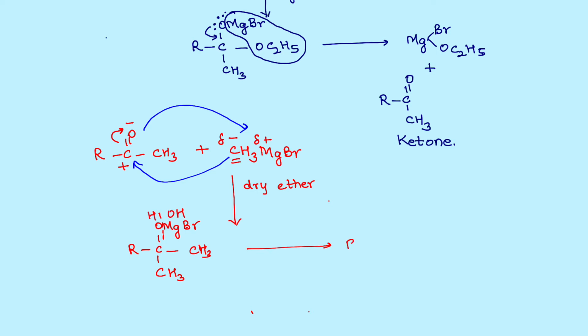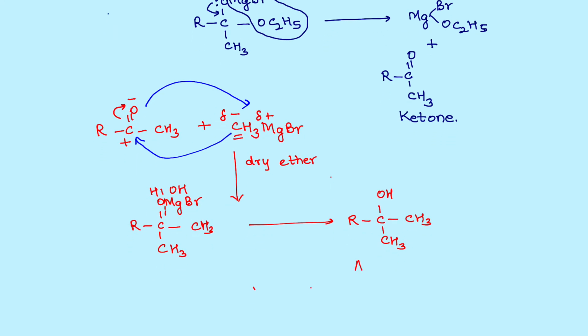What do we get? RC CH3 CH3 OH. What is this product? Okay, agreed, it's an alcohol. What type of alcohol is this? Yes, of course, it's a tertiary alcohol.